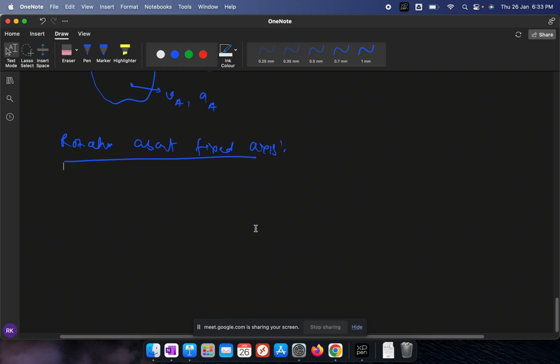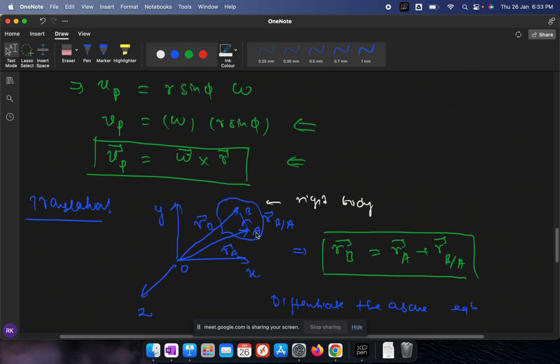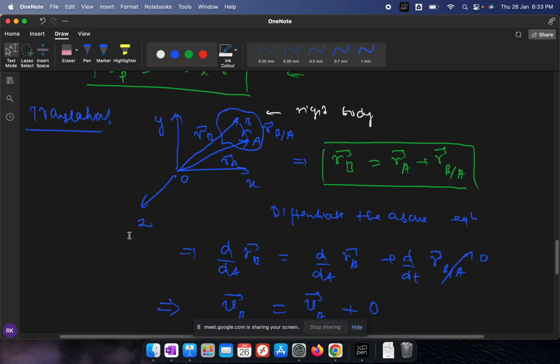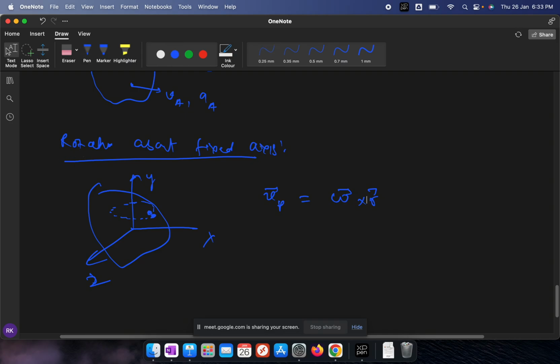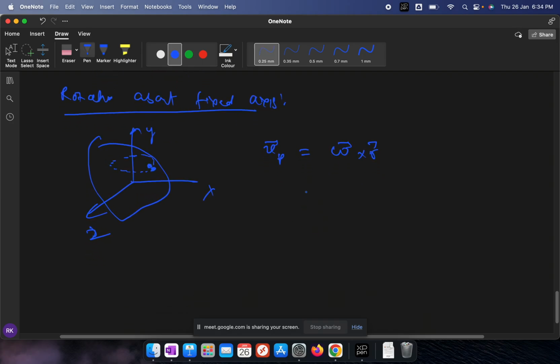In the previous definition we saw that for the rigid body, the velocity of point P was nothing but omega cross r, in the case of pure rotation. Rotation about fixed axis means I am talking about pure rotation. Now I want to find the acceleration, so differentiate this, what we will get?